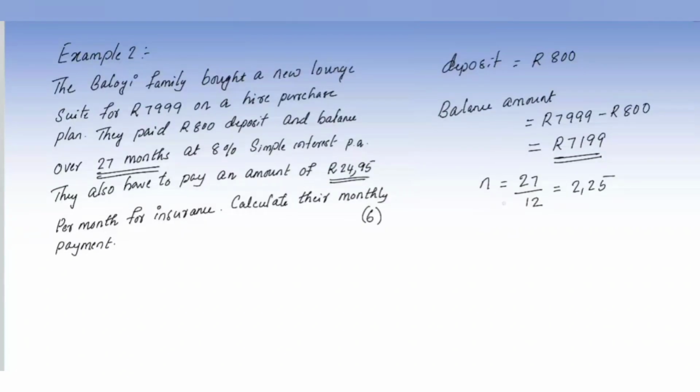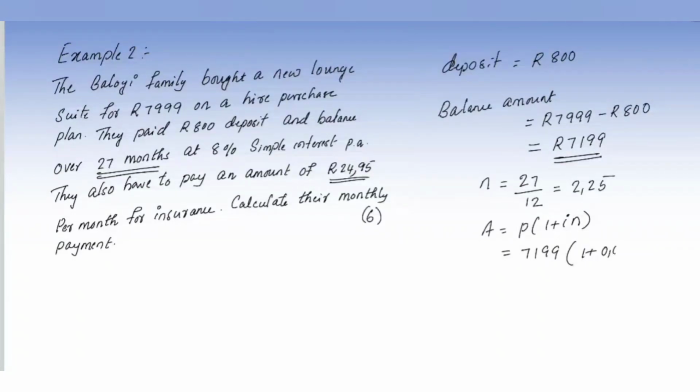Now you have to calculate the amount that you are paying over the period of 27 months, or over the period of 2,25 years. That is, A is equal to, you have to write the formula, P(1 + in). What is P here? The balance loan, that is 7,199, after the subtraction of the deposit. So 7,199 bracket 1 plus, what is i here?